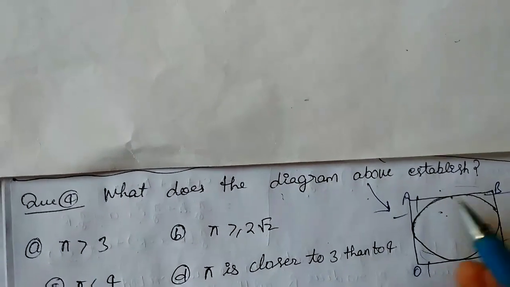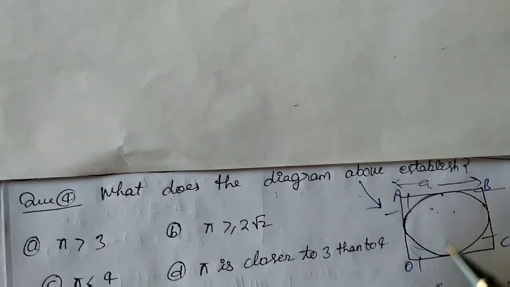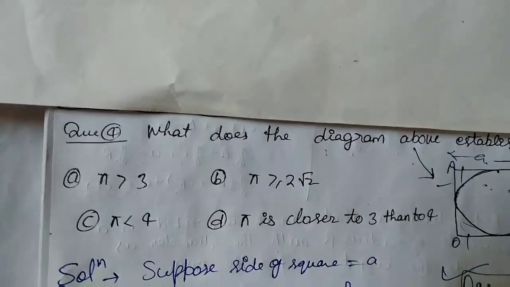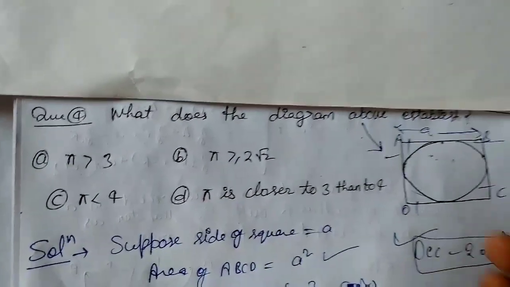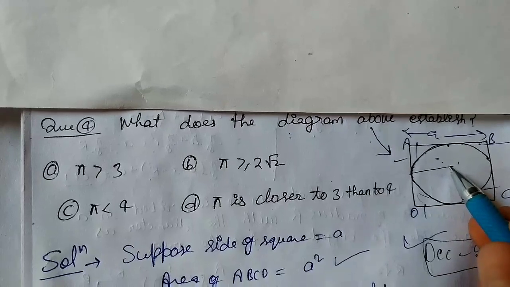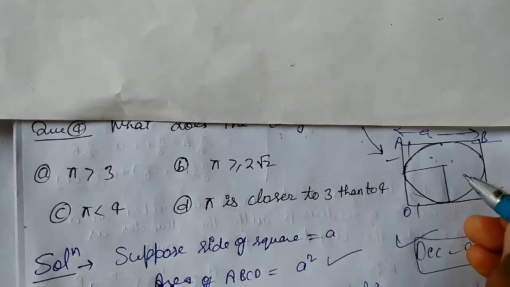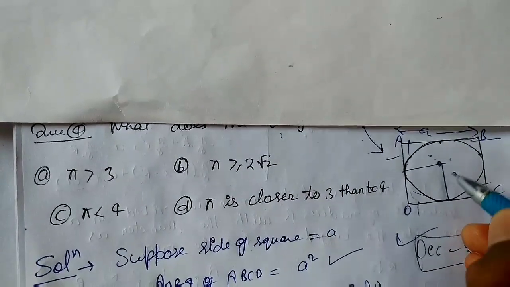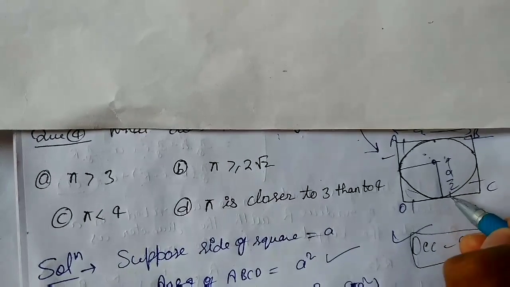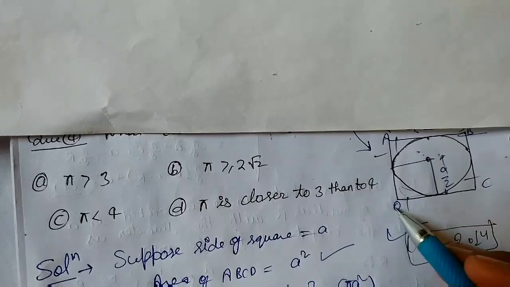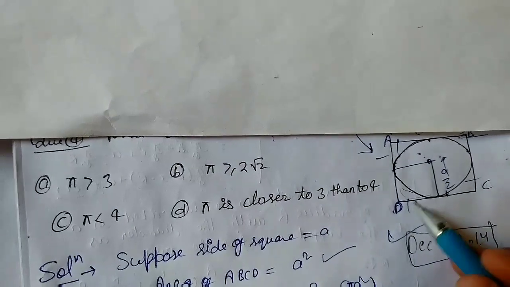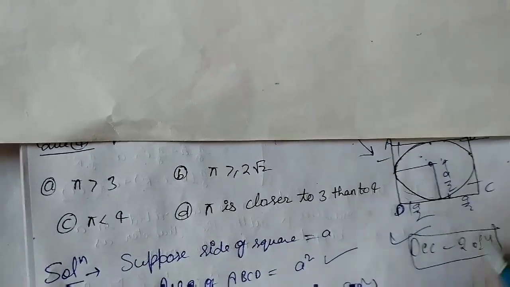So first of all, suppose that the side of this square ABCD is a. So the area of this square will be just a square. And now the area of this circle will be just pi times radius square, and the radius will be just a by 2, because this perpendicular will divide this side DC in two parts, a by 2 and a by 2.